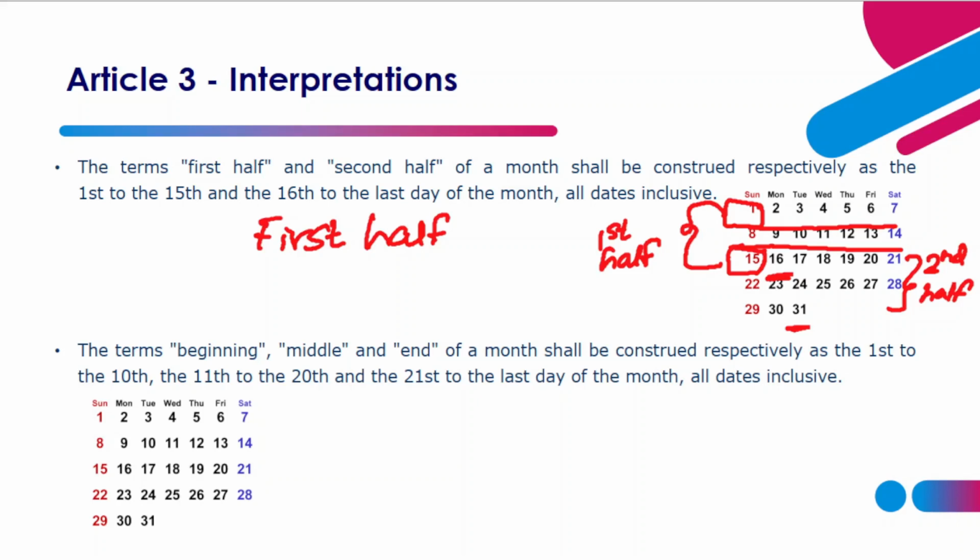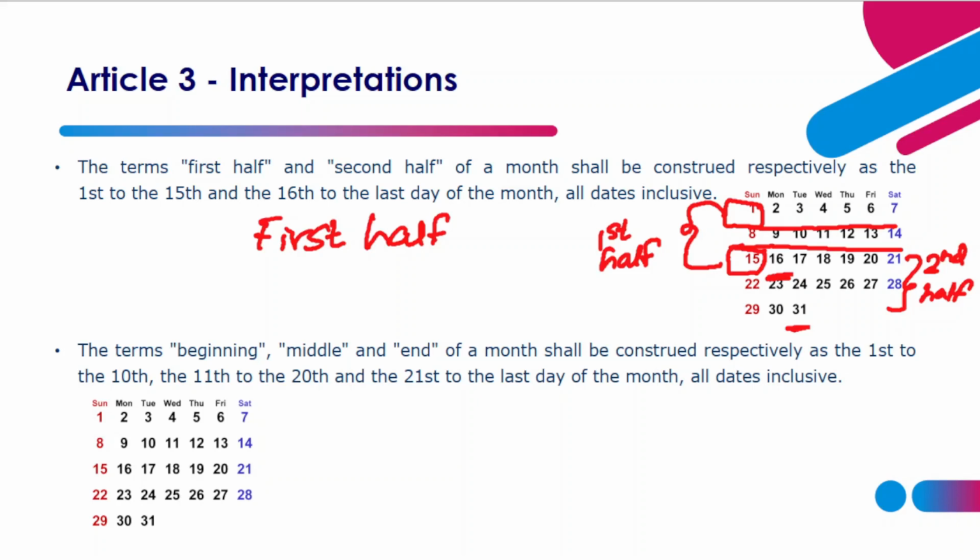Let's say it comes on the 16th, even though it is 1 day late, it falls into the second half. So let's say the LC states shipping needs to be done in the first half of February and the bill of lading says shipping is done on 16th. No, that bill of lading is unacceptable. Why? It deviates from the rules.